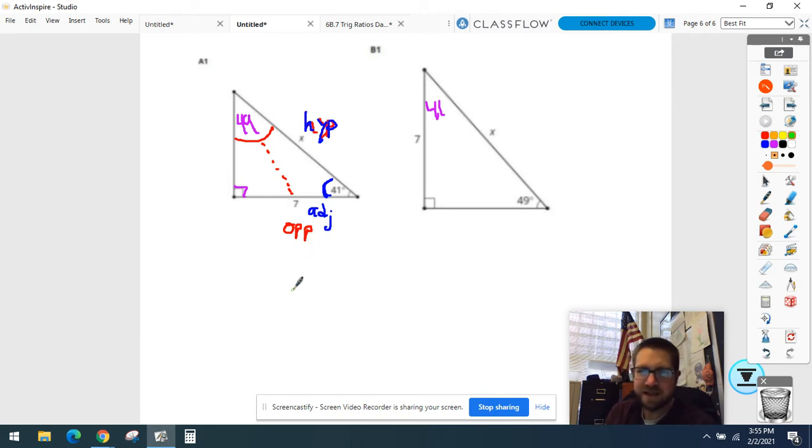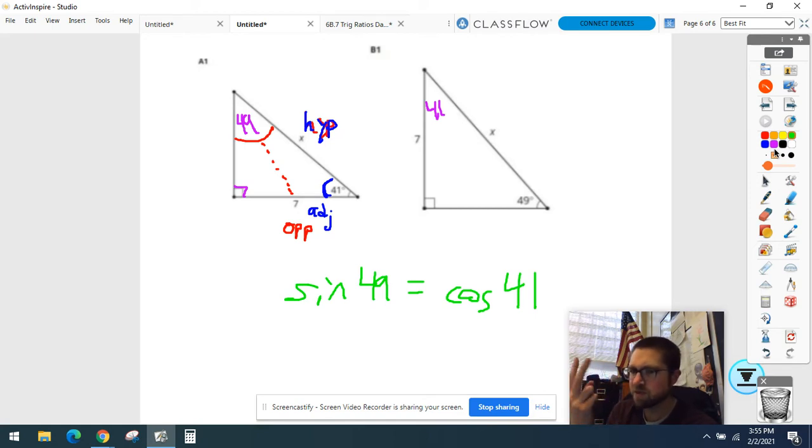So for that reason, it turns out that sine of 49 is equal to cosine of 41. Crazy, because the opposite and the adjacent sides are switched for those 2 angles, but the hypotenuse remains the same.